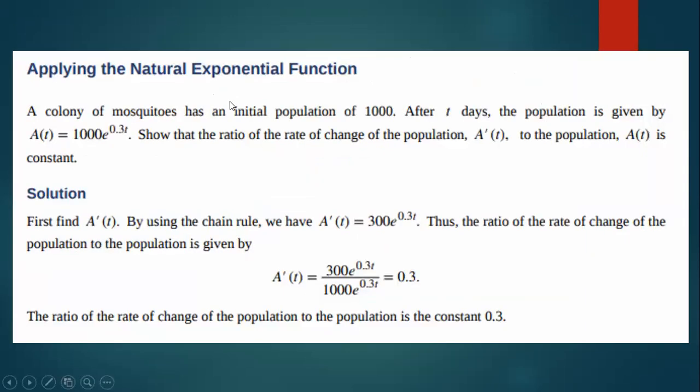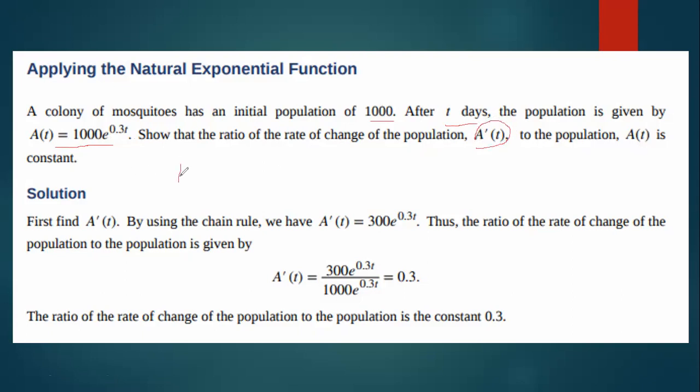Now apply the natural logarithm. A colony of mosquitoes has an initial population of 1000. After t days the population is as given. Show that the ratio of the rate of change of population, so I have to find the derivative.